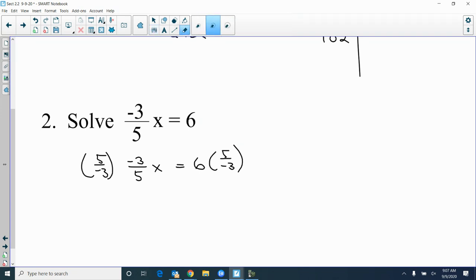For this one here, you just need to know that the whole thing is negative. So you just need to make sure this negative does not have to go with the 3. You can keep the negative with the 5, and that's okay. It'll work. Now, you cannot put a negative in the denominator. It won't let you do that, especially with these TI-30s. But go ahead and take 6 times negative 5/3 now and see what you get.